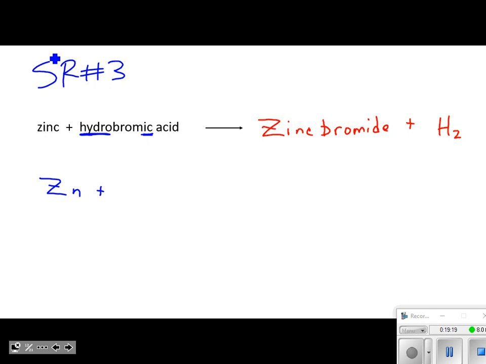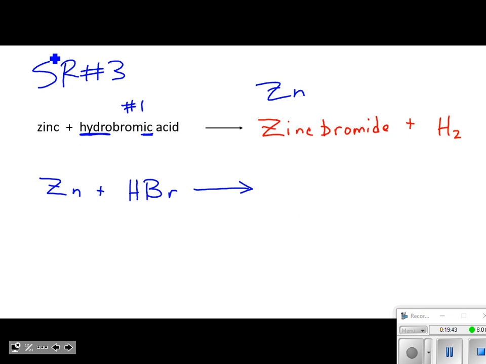Oh, here's the hydro. That's acid rule number 1. So I have HBr. That's hydrobromic acid, acid rule number 1. Now, zinc bromide. Zinc. I look over here at my periodic table.